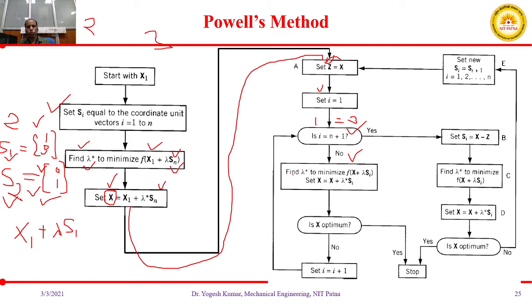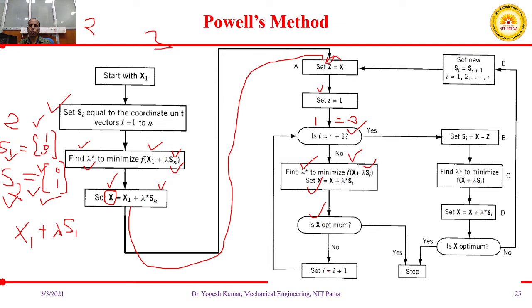After that, you will try to find the minimization of f(x plus lambda si). I will be demonstrating these steps and I will again come to this flow diagram for more clarity. First, let us try to understand the initial nomenclature, then we will try to know more about this algorithm. After this, again we are checking whether the value of x is optimum or not.